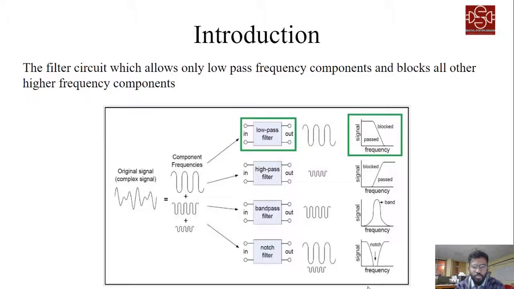These are the four types of filter I have presented here: a high pass filter, band pass filter, and the notch filter. The low pass filter always chooses the lower frequency band to pass, and blocks the higher ones. The other filters, high pass, band pass, and the notch filter, that is a band stop filter, we'll be discussing in the next webinars.